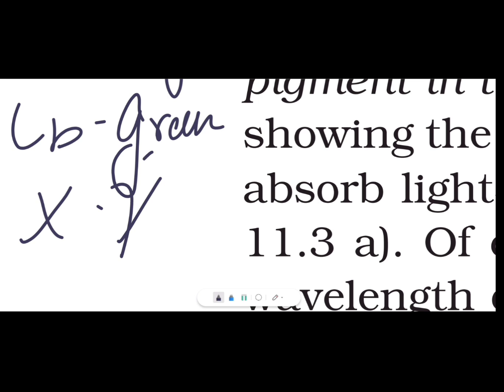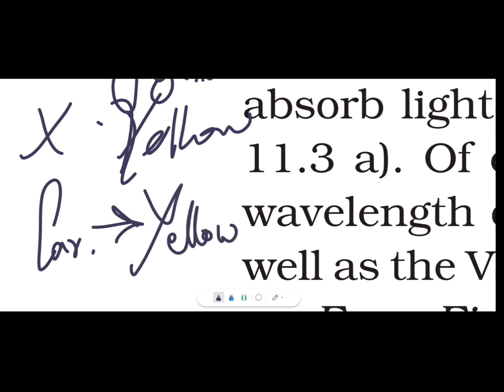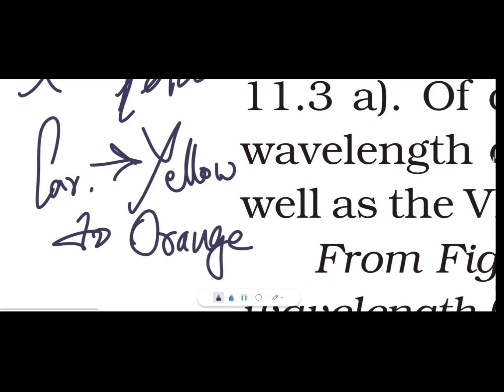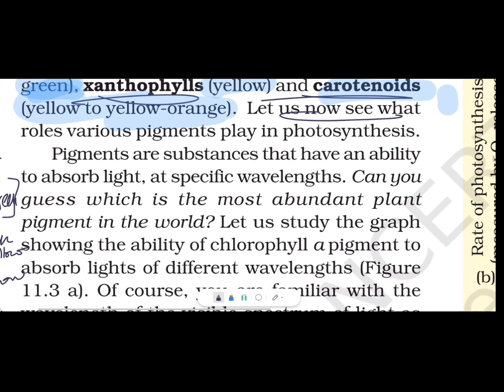This one is green yellow, right? Green yellow. This one yellow. And then carotenoids have pigments ranging from yellow to orange, right? Yellow to yellow orange. Let us now see what roles various pigments play in photosynthesis.